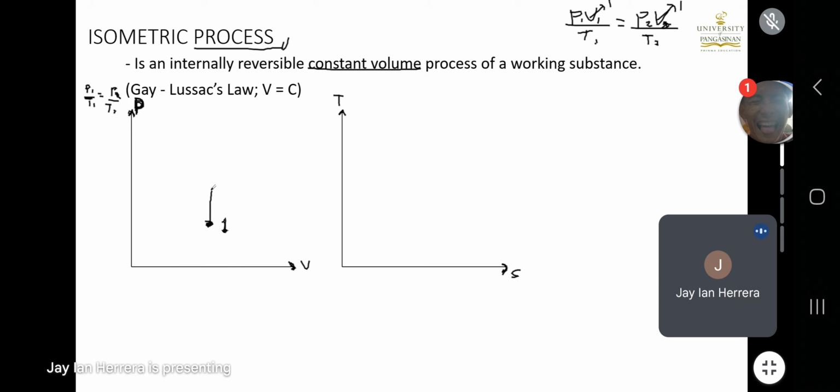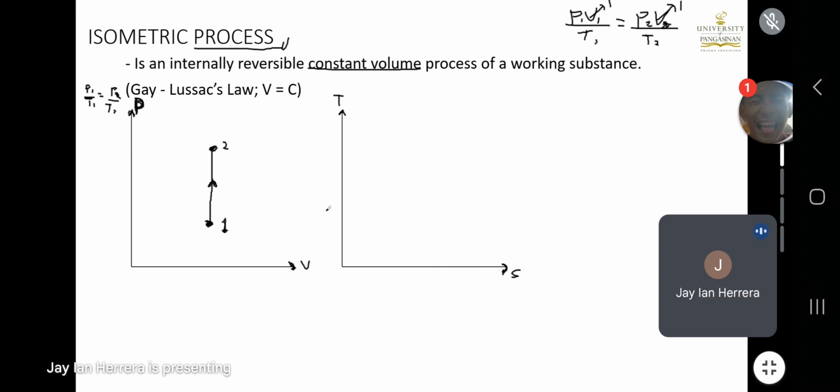So let's say, yan, straight line yan. Let's say this is point 2. Ganyan lang. That is for our PV diagram. Change in pressure lang yan kasi constant volume.